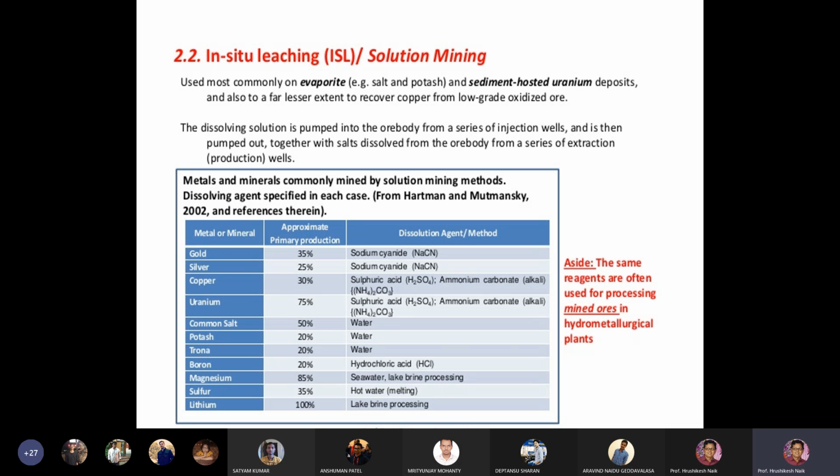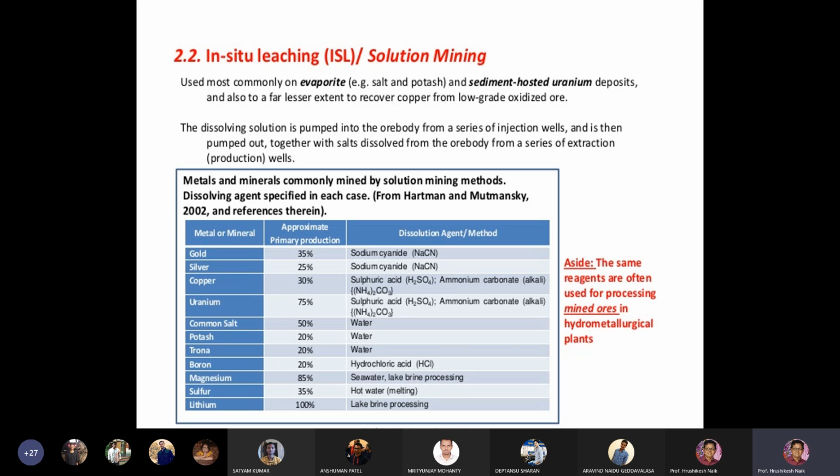Gold deposits can be mined by in situ leaching. The approximate primary production from gold mines will be 35%, and the dissolving agent used is sodium cyanide. If you are mining gold, you will get 35% production and you have to use a dissolving agent.